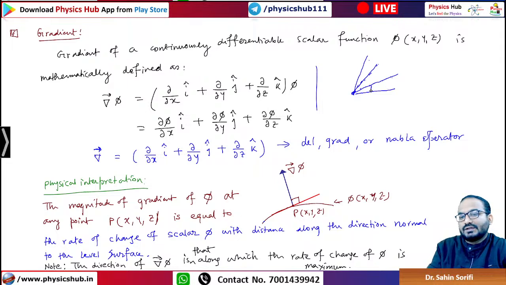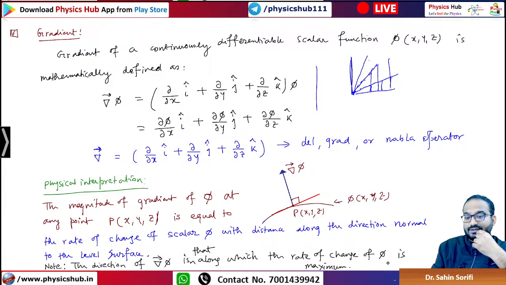If you consider like this, here it is like this. So when it will be maximum? When you consider perpendicular, then it will be maximum. So the direction of grad phi is that along which the rate of change of phi is maximum. So I hope you understood.